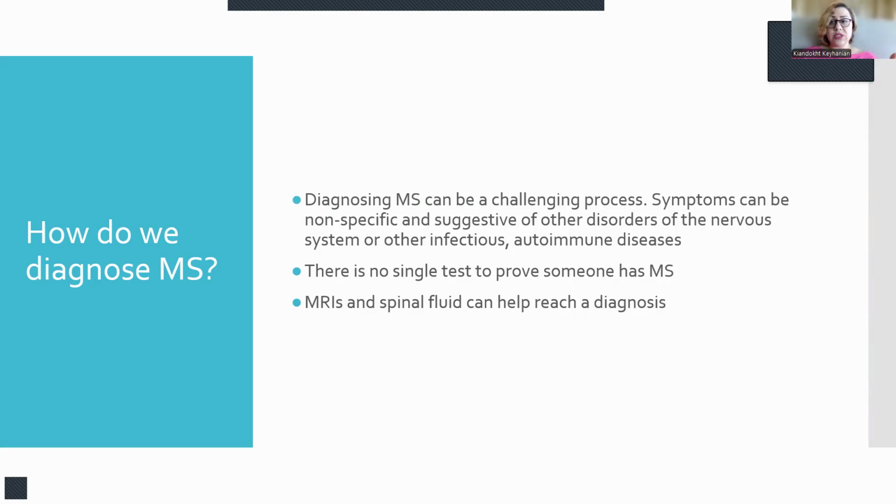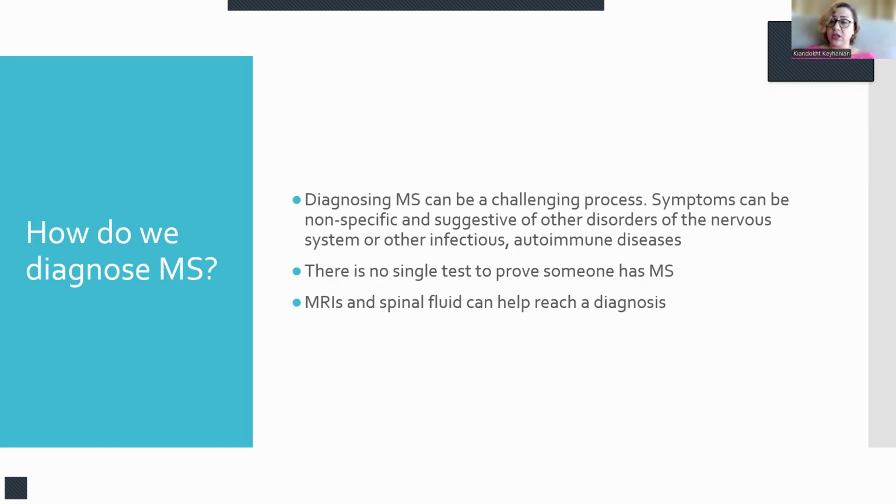So we have to find out that there are different timings when the inflammation existed, and inflammation has to be spread throughout the brain and spinal cord. If it's in only one focus, we cannot diagnose people with MS. They can go back to the CIS category, the clinically isolated syndrome category.